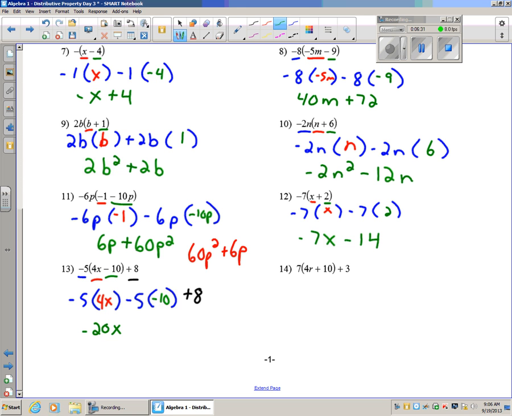Negative 5 times negative 10, that's positive 50. And the 8 just drops down. When you combine like terms here, the negative 20x is first, and 50 plus 8 is 58.